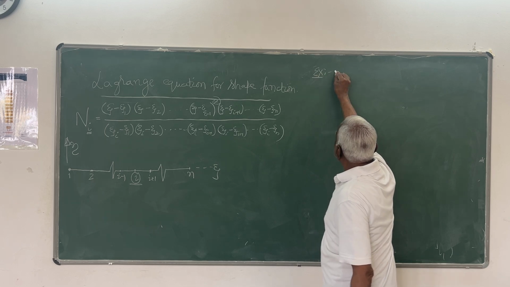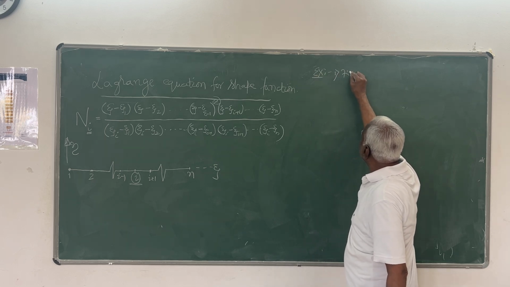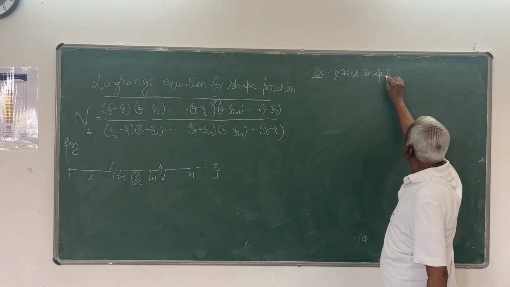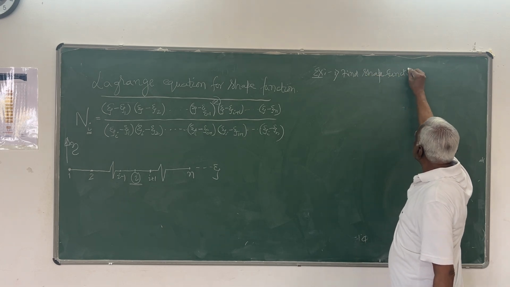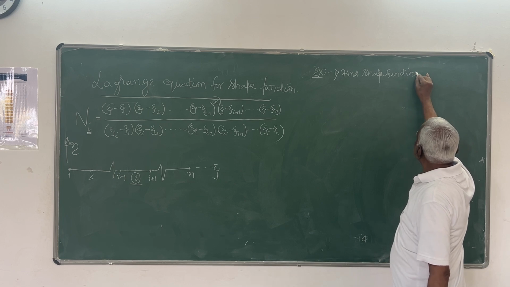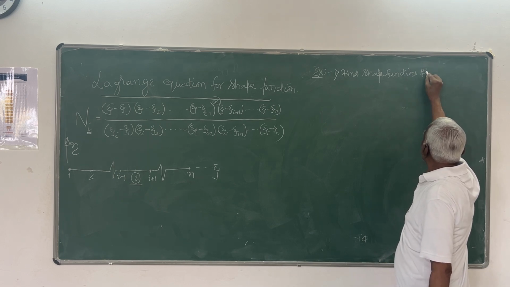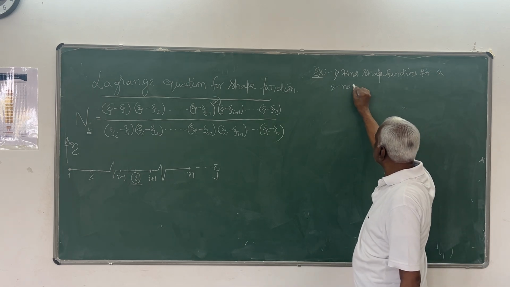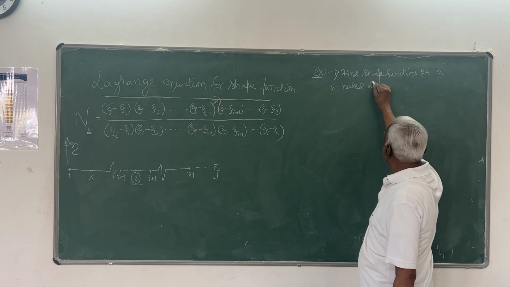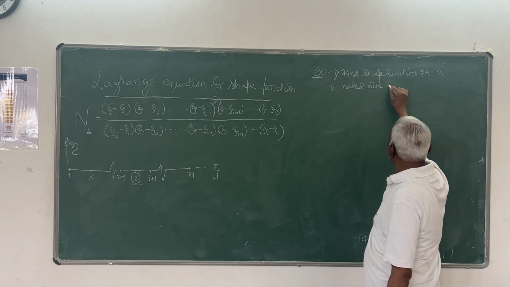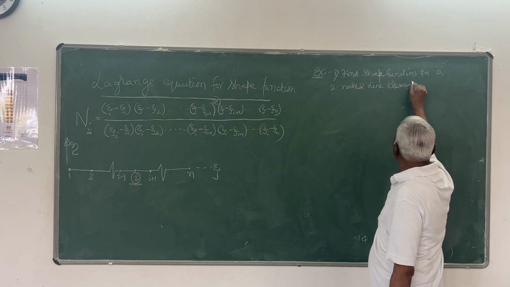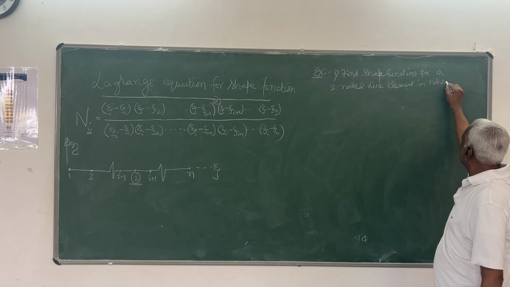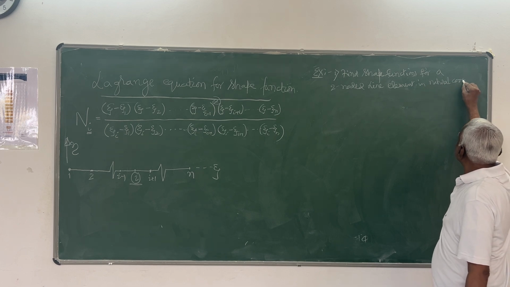First, find the shape functions for the line element, that is the primary element, in natural coordinates.